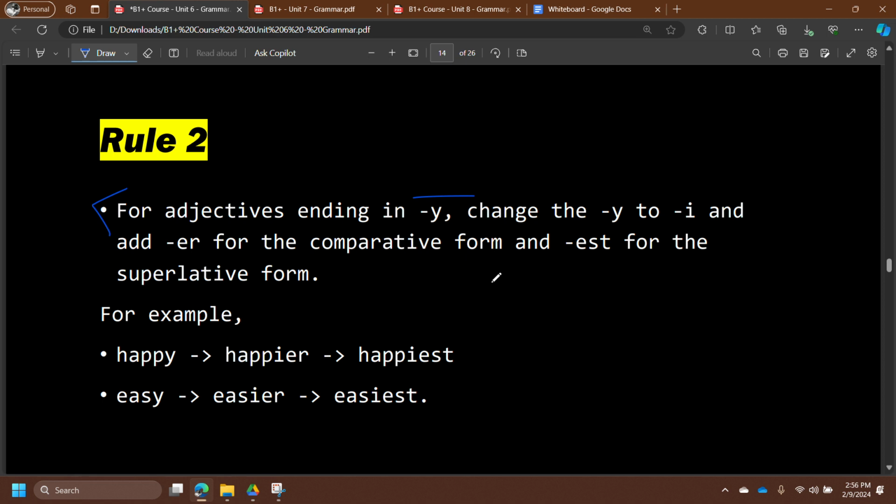Because if it's not, it's going to create some problems. But finding adjectives that end in Y and are not two-syllable words is very hard as well. So either way, just remember.